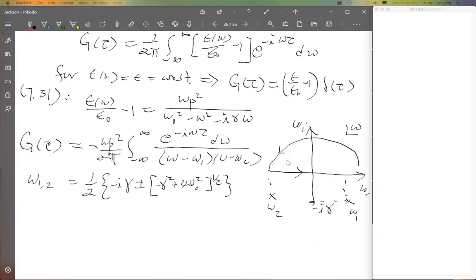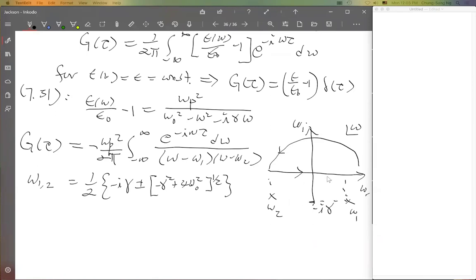In complex integration, when you close a loop, the integral depends on the contribution from the so-called residues, the poles inside this loop. Now there's no singularity inside, so this plus that equals 0, but this integration is 0, and so the integration along the real axis will be 0. The two poles are in the lower half of the complex plane, where omega I is negative.